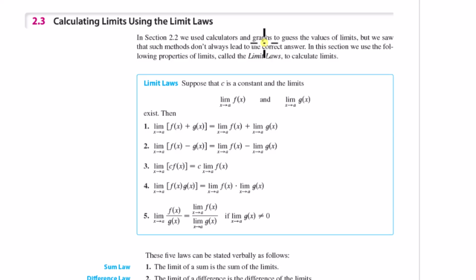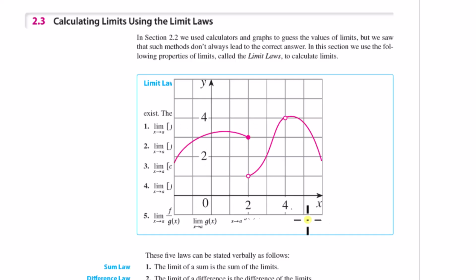And what they're talking about there is, if we look at one of the graphical limit problems that we worked, okay, here's the graph of this function f of x. So for these problems, if you think about it, we're inherently making certain assumptions when solving a problem like this.